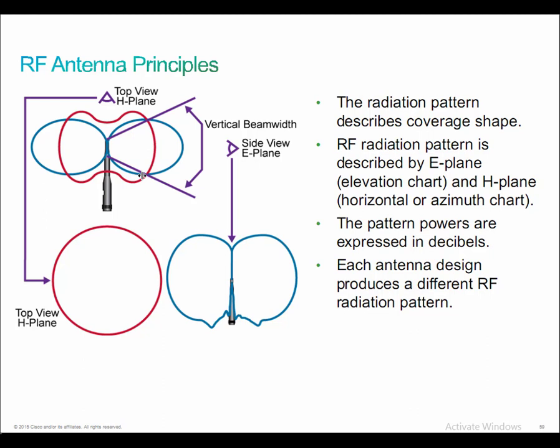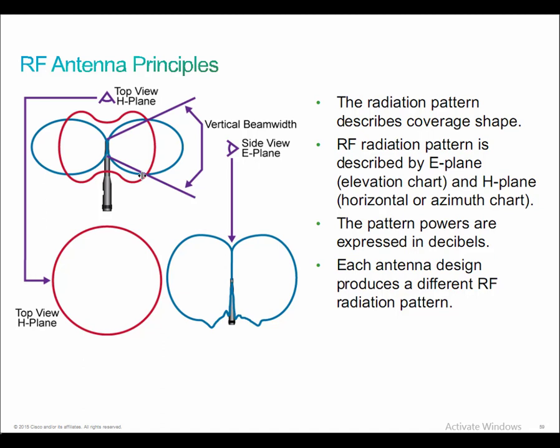It's the actual internal components of the antenna that cause essentially these zones that radiate more in one location or one direction of the antenna than in other directions. So the first task when you're trying to decide what type of antenna to use is to decide what type of radiation pattern you want that antenna to have.